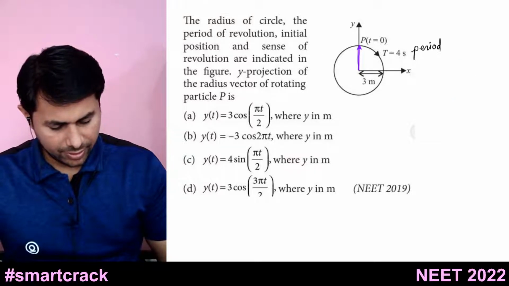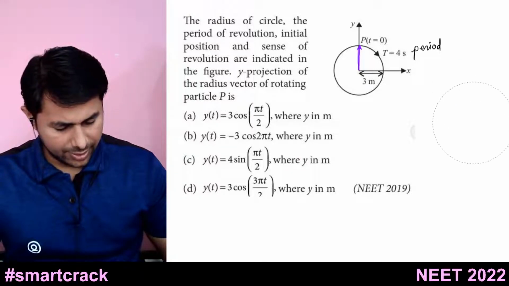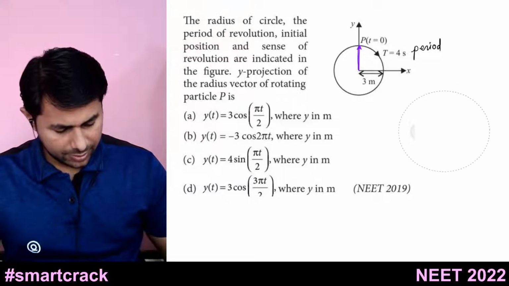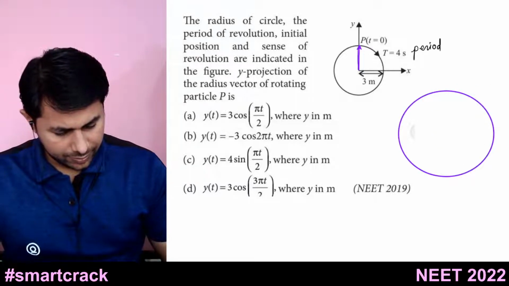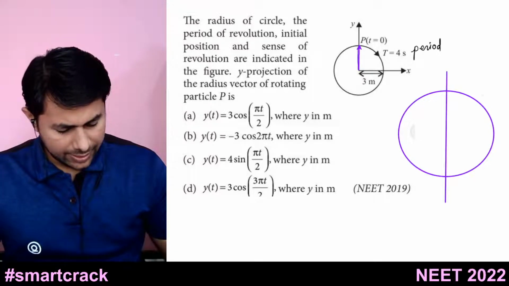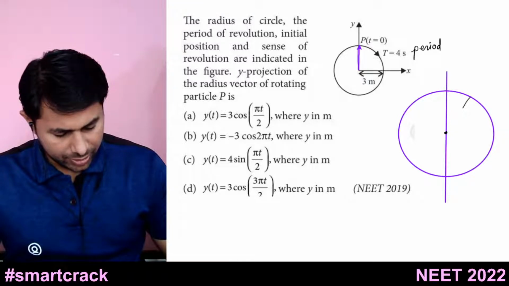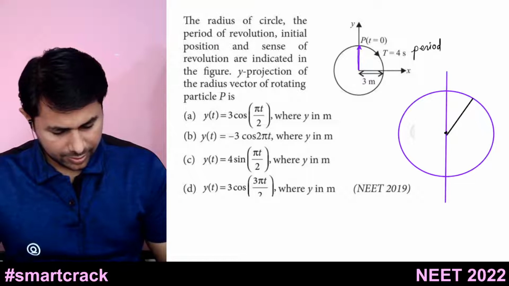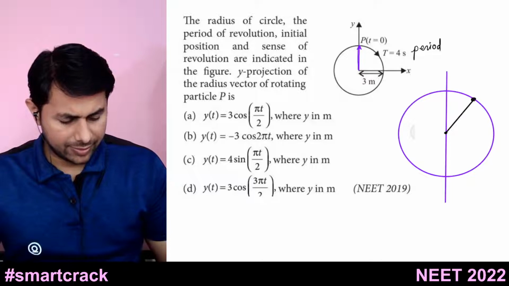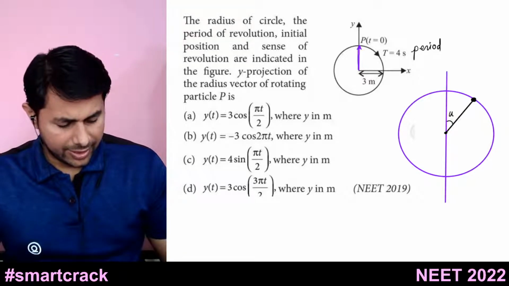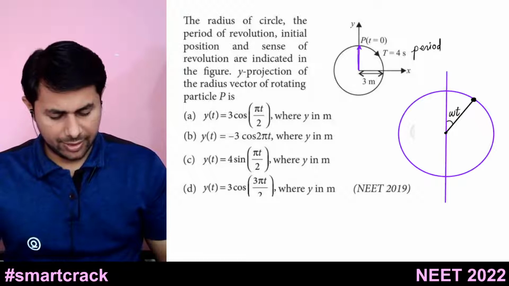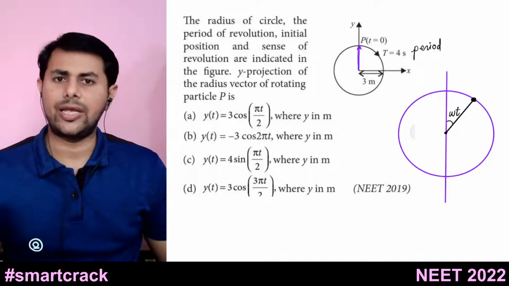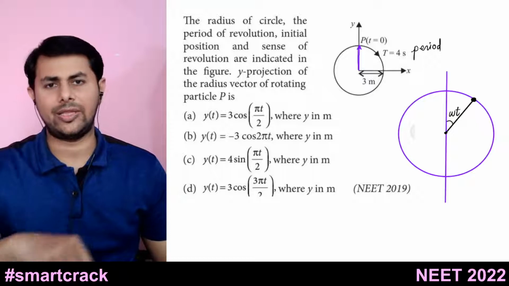After time t, I will draw that circle again over here. Let's suppose the particle moves from there to here, and we want its y projection. So this is the angle omega t. The particle is moving with angular frequency omega.